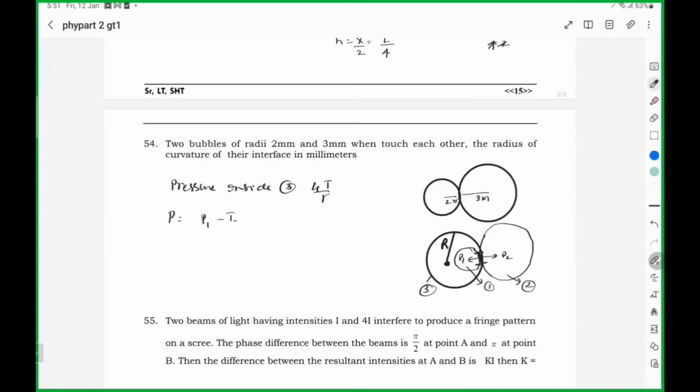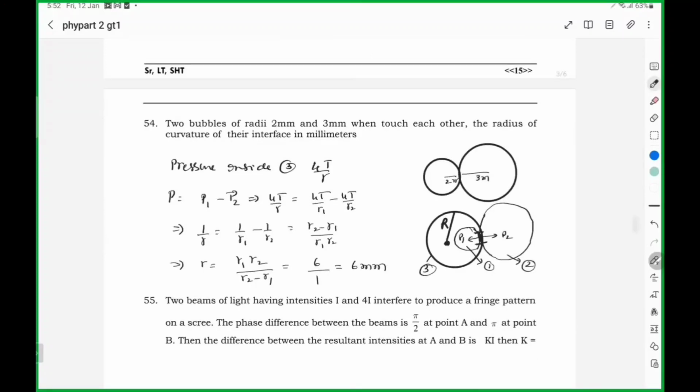So effective net pressure will be P1 minus P2, that is 4σ by R1 minus 4σ by R2. From here, R2 minus R1 by R will be R1 R2 by this. So 6 by 3 minus 2, which is 6 mm.